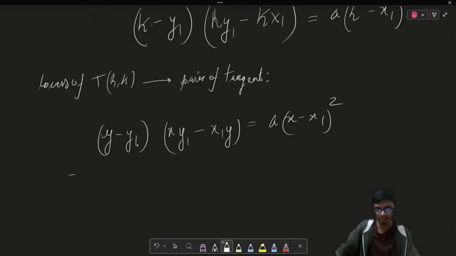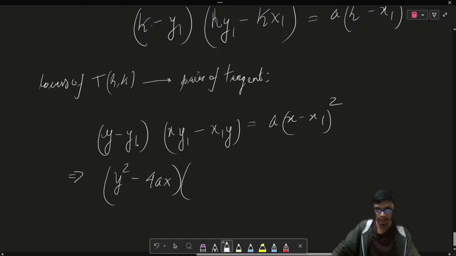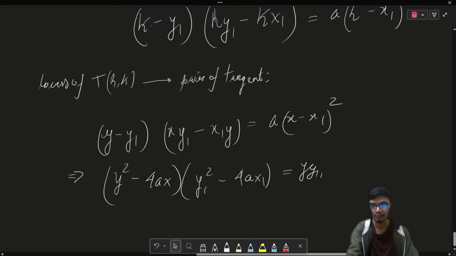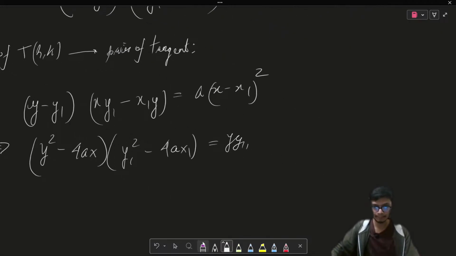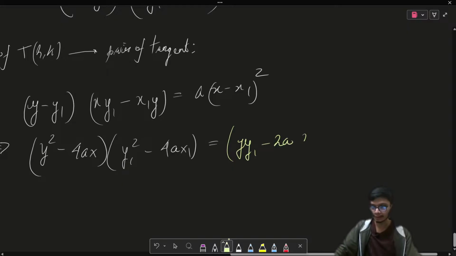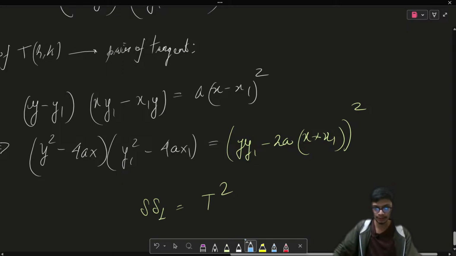So if I multiply and then simplify, I'll get the equation as y square minus 4x multiplied with y1 square minus 4x1 is equal to yy1 minus 2a times of x plus x1 whole square. So therefore I'll get the expression as ss1 is equal to t square. So I will get an expression which is very similar to that of the circle.